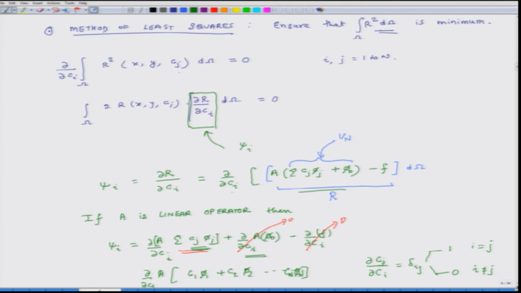So, if I am differentiating with respect to the ith constant, all other terms will vanish and the only term which will remain will be A of phi i.